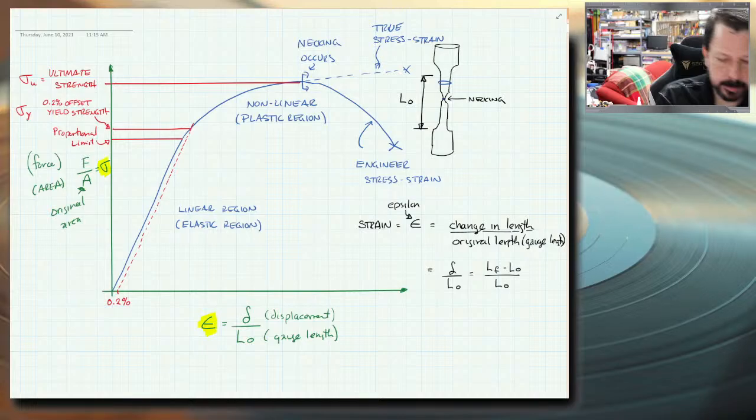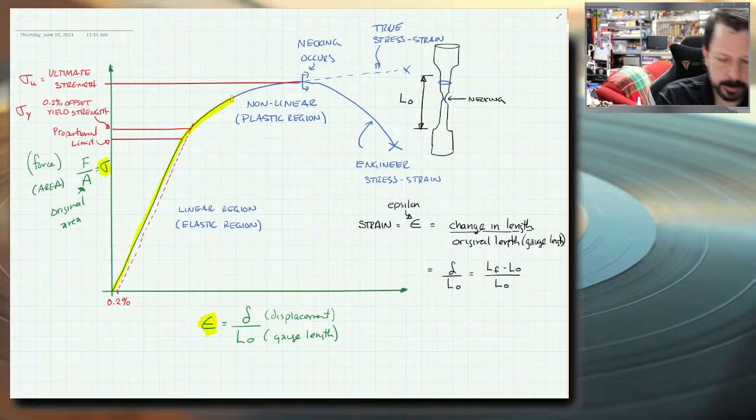So that might take a little bit of explanation on why that's what we do, and this might help. When you load up the object, this test specimen in this case, it's going to travel up the graph, and as long as we don't fracture it, then in this case I have gone past the yield strength. So it does have some amount of permanent change in its shape.